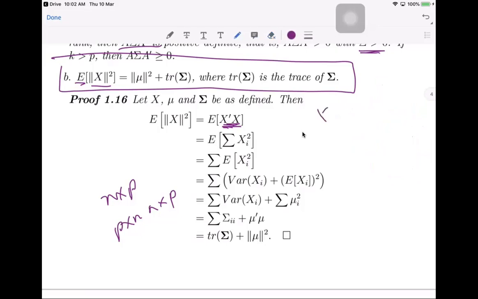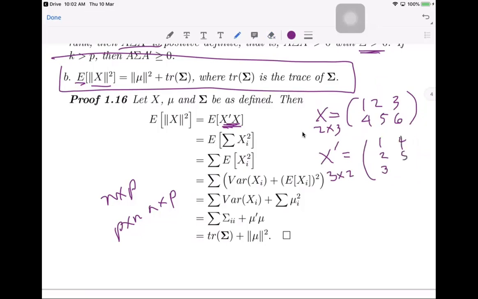Say X is 1, 2, 3, 4, 5, 6. This is 2 by 3, so X prime will be 3 by 2, which is 1, 2, 3, 4, 5, 6. So X prime X is 3 by 2 times 2 by 3, which gives a 3 by 3.